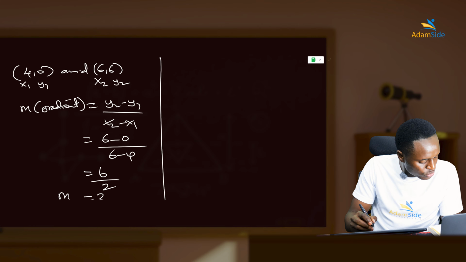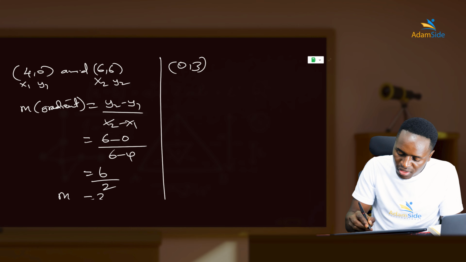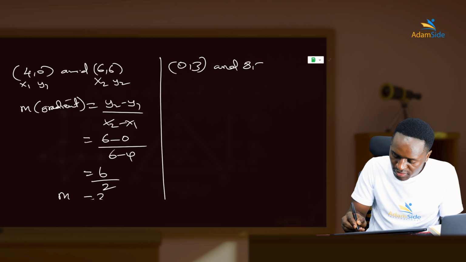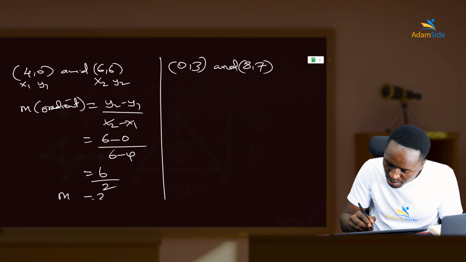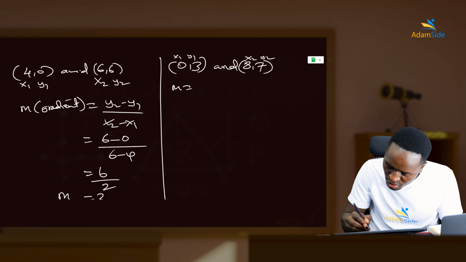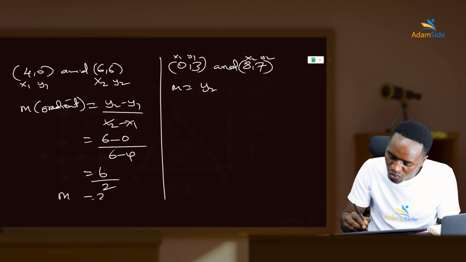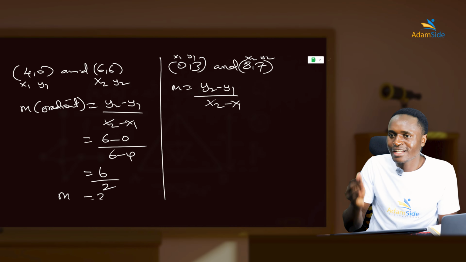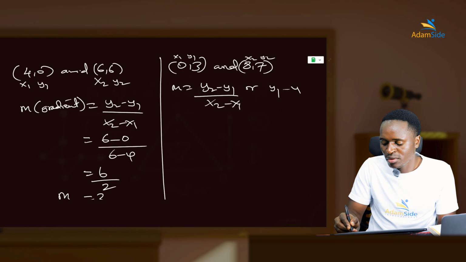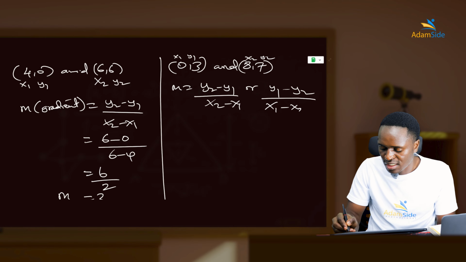Correct. Another question: find the gradient of (0, 3) and (8, 7). Name them the same way, x1, y1, x2, y2. So for the gradient, don't forget to write the formula: y2 minus y1 over x2 minus x1, or y1 minus y2 over x1 minus x2.